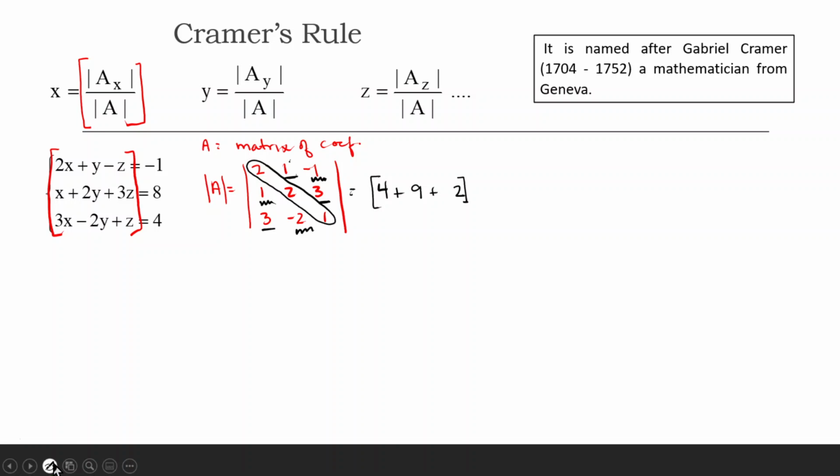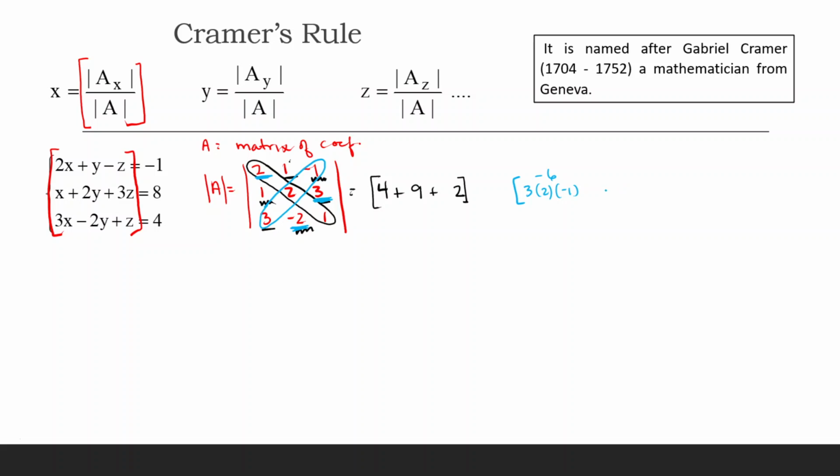Okay, then I'm going to go and do the upward diagonals. So the first upward diagonal goes down the center of the matrix there, and I get 3 times 2 times negative 1, which is negative 6. Okay, then I'm going to go to the negative 2 here, and I'm going to find its diagonal, which will wrap around.